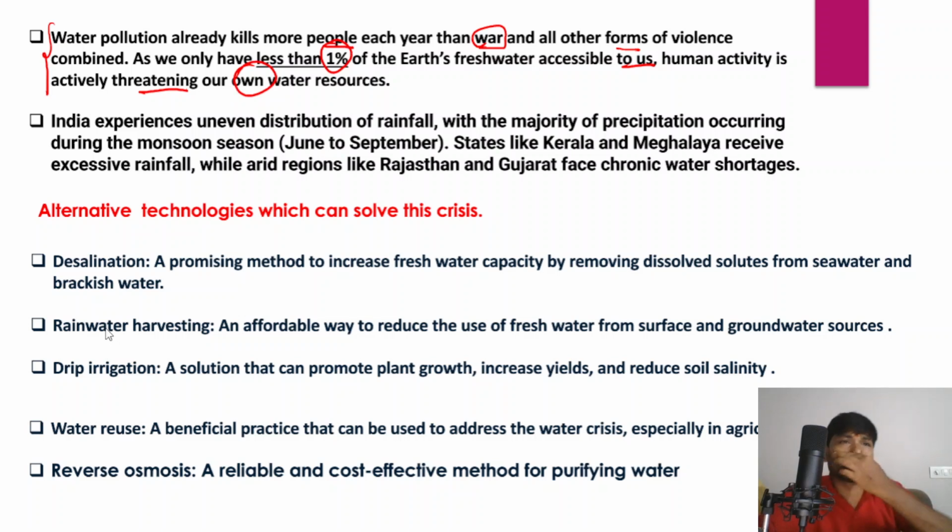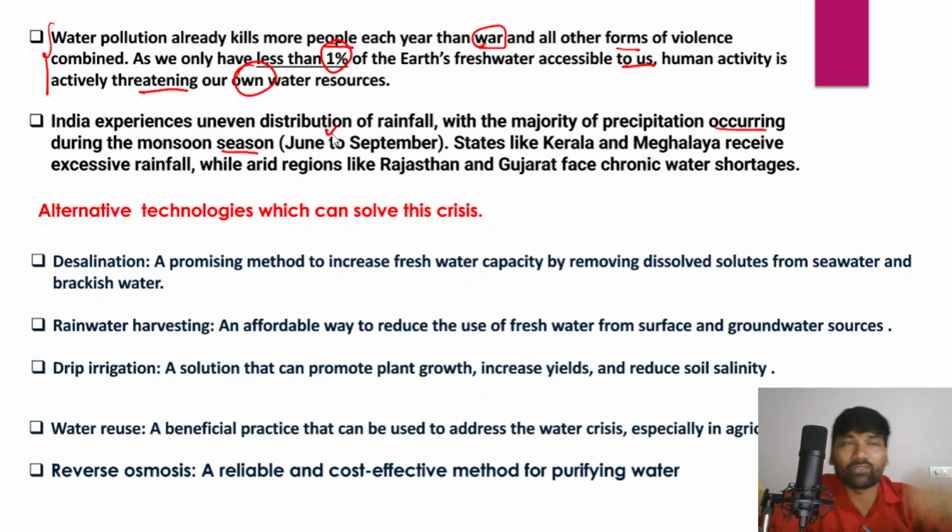Now, all these factors have been threatening our own water resources, and it has been creating water scarcity. In the coming future, we could expect large scale water scarcity. And in fact, India also experiences uneven distribution of rainfall, with the majority of precipitation occurring in the monsoon season, June to September.